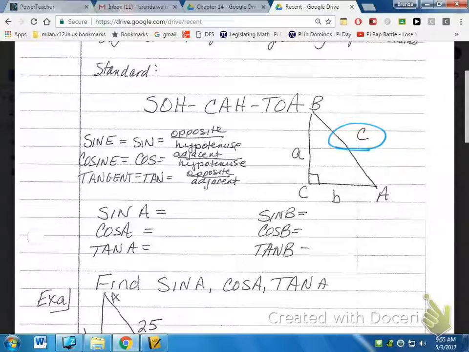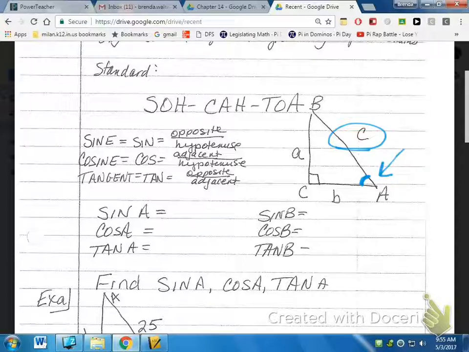The hypotenuse is always the hypotenuse. And you're thinking, well, of course it is. Well, it'll be amazing how much you guys will forget and try to use the hypotenuse for an opposite or adjacent, but it's never that. All right, let's try to figure out what we mean by opposite and adjacent. Let's talk about angle A. Angle A is right down here.